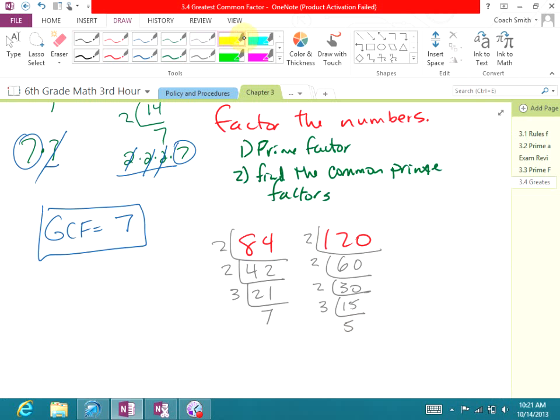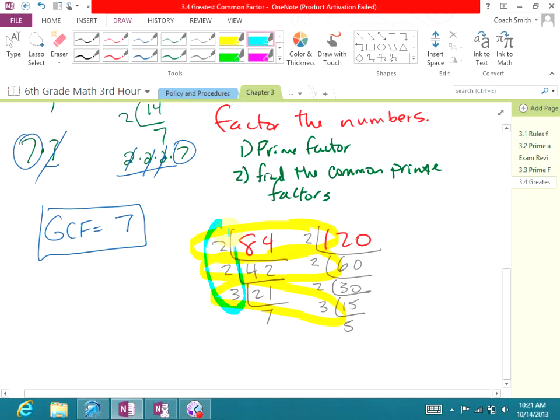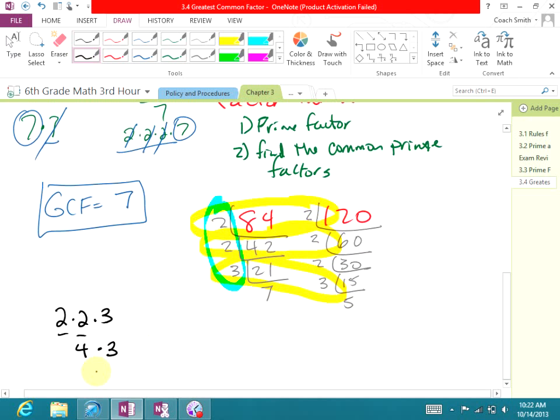Now, realistically, I don't even have to list it out. There's one that's common, there's one that's common, and there's one that's common. So, to find the GCF, I take these three numbers and multiply them together. 2 times 2 is 4 times 3, which is 12. So the GCF is equal to 12.